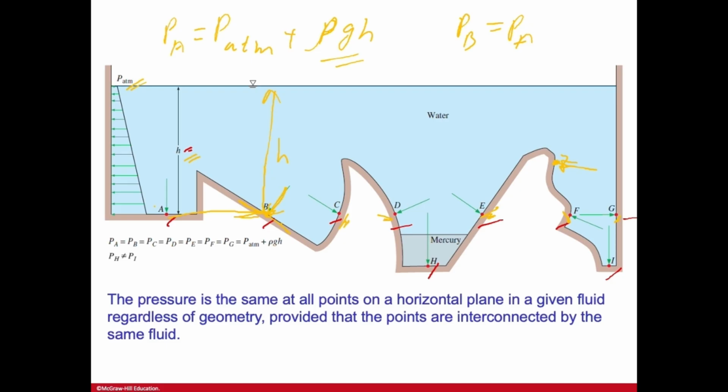And the question is, will PZ be equal to PA, less than or greater than? You have this at a lesser depth, so your h is smaller. The other way to look at it is that the weight of the liquid column is smaller, hence PZ will be smaller than PA.